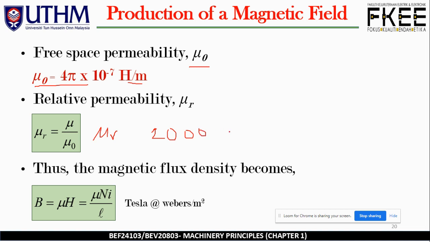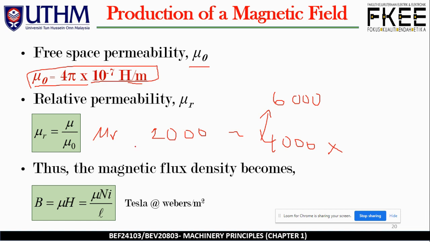From 2000 up to 4000, or even 6000 times more flux is established in the steel than in air, which is mu naught.